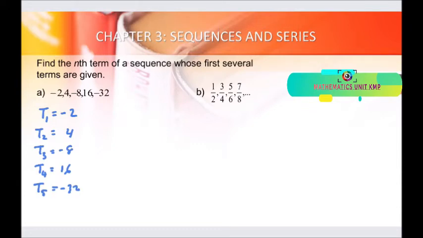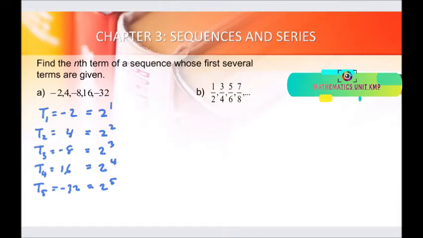From here, we know the pattern. It's going to be 2 to the power of 1, 2 to the power of 2, 2 to the power of 3, 2 to the power of 4, and 2 to the power of 5. Okay, so the next one, we consider the sign negative. So to get the first one, negative 2, it can be negative 1 to the power of 1.